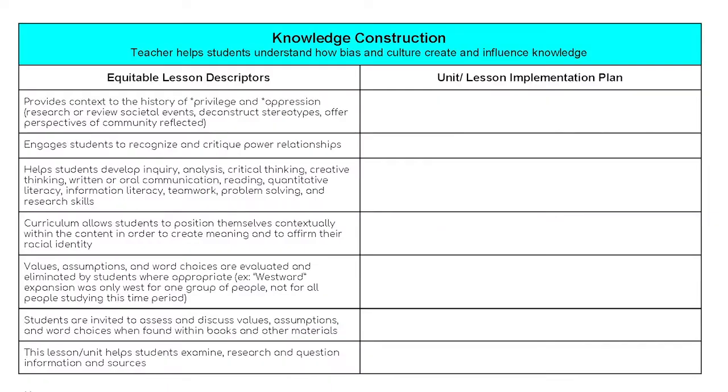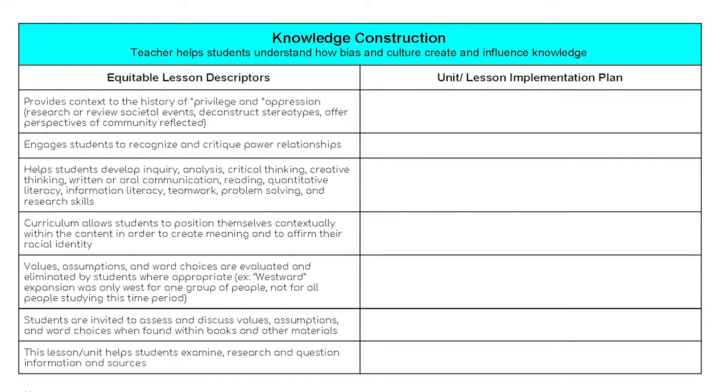And this entails, as our tool notes, providing context to the history of privilege and oppression, engaging students to recognize and critique power relationships, helping students develop inquiry, analysis, critical thinking, creative writing, and having a curriculum that allows students to position themselves contextually within the content.